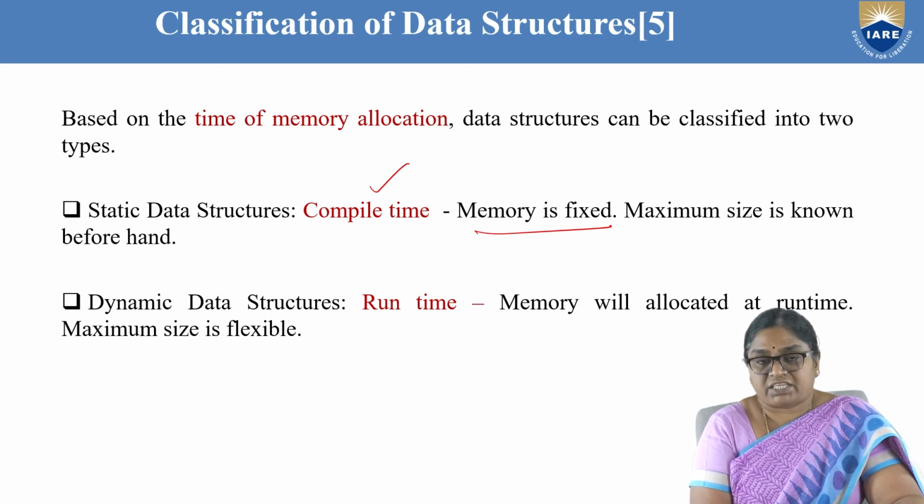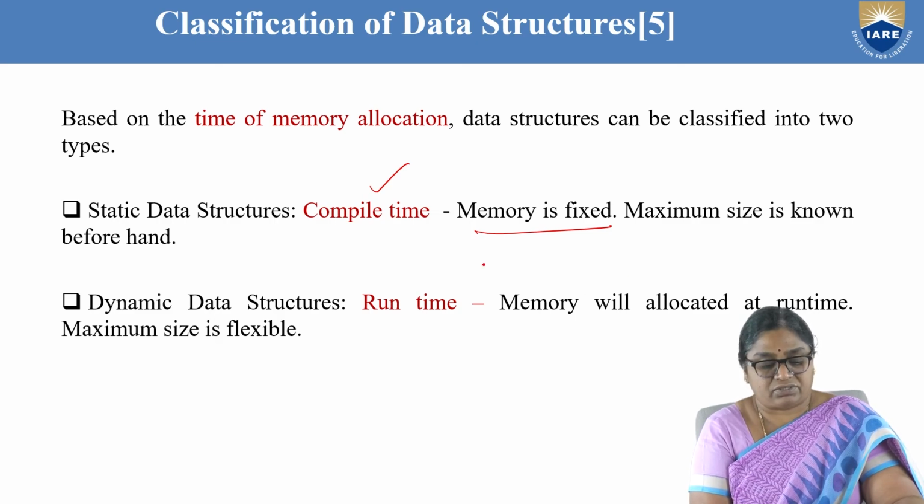That means the maximum size of the particular data structure should be known beforehand. In a dynamic data structure, the memory will be allocated at runtime. The maximum size is flexible. Here we can extend the size of the data structure whenever there is a need. But in a static data structure, we cannot extend or shrink the size.